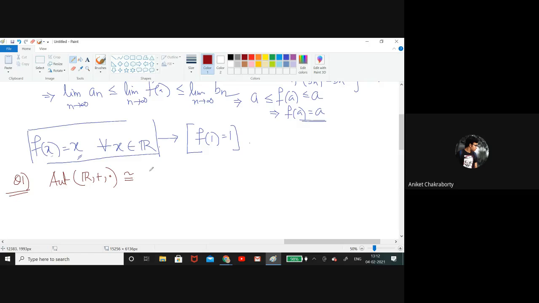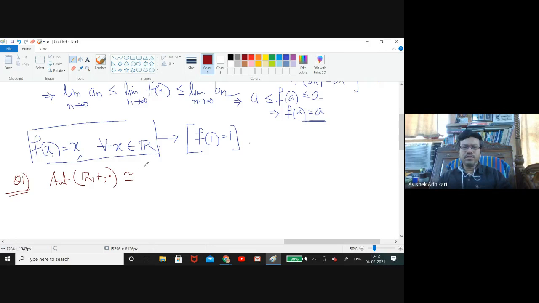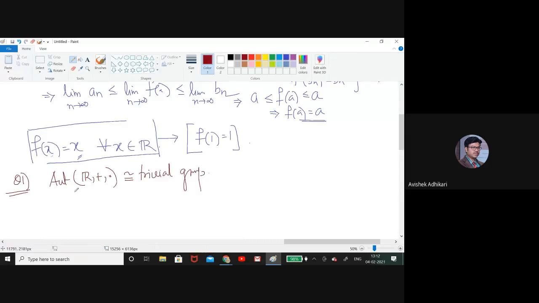The trivial group. So that means f(x) equal to x is the only automorphism, right? So this is the trivial group.